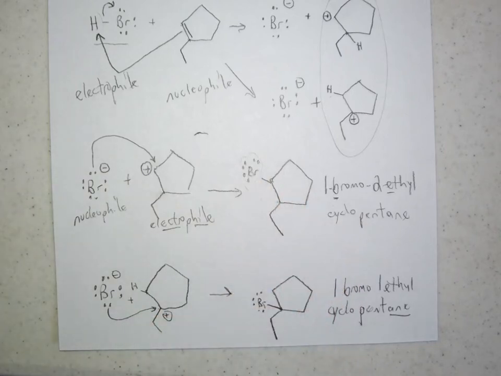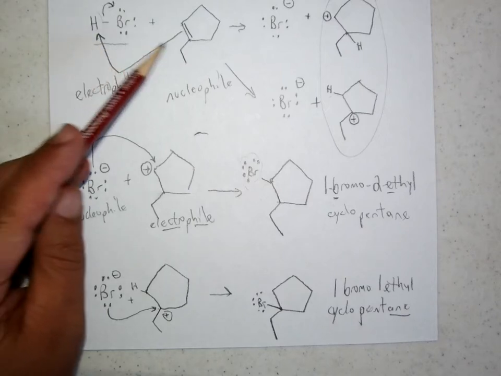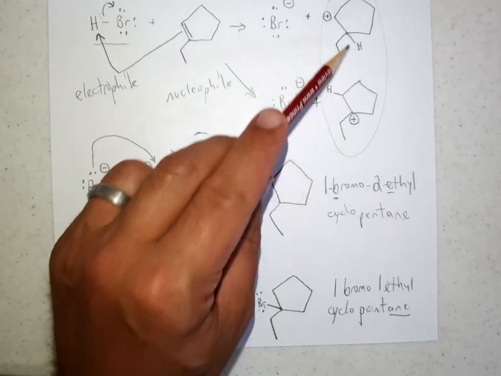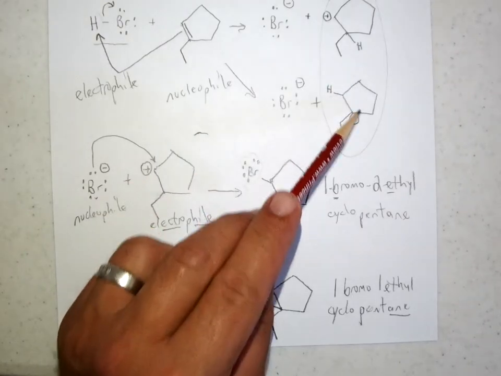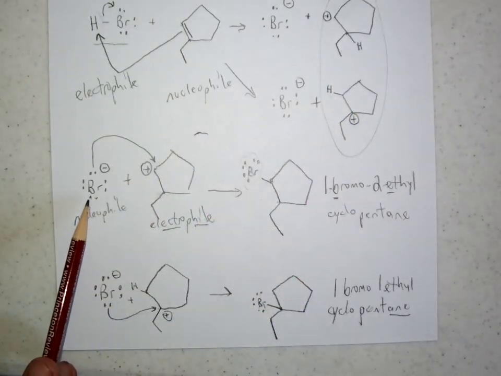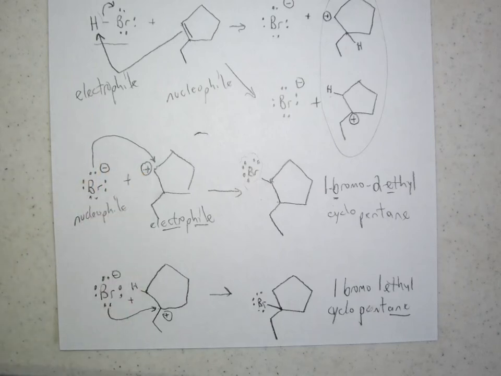So first step of the mechanism, addition reaction, hydrohalogenation. First step of the mechanism is protonation of the alkene to give a carbocation intermediate. And then the second step is the nucleophilic attack of the bromide or other halogen to the carbocation intermediate to form the final product.